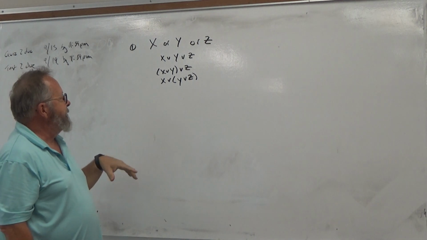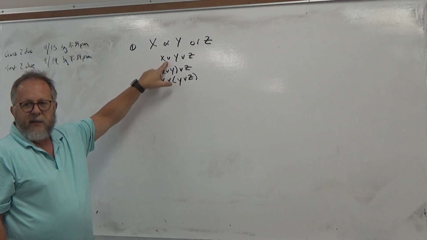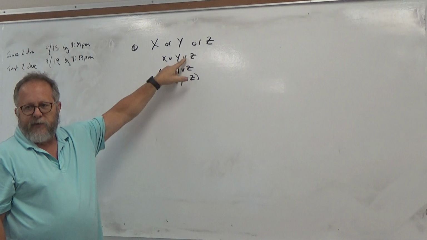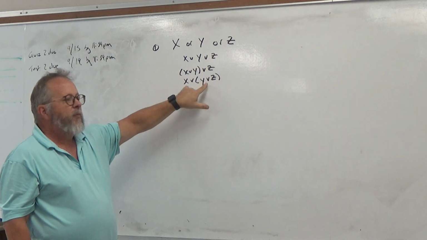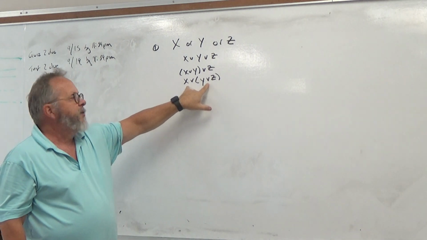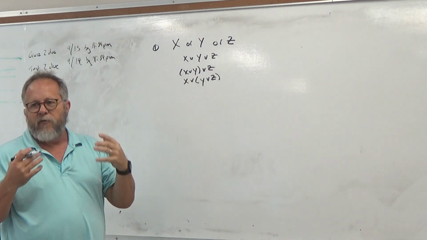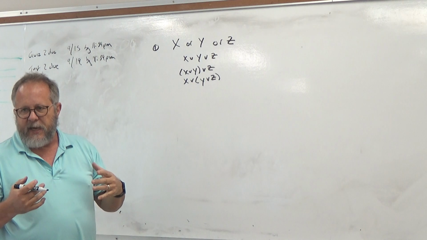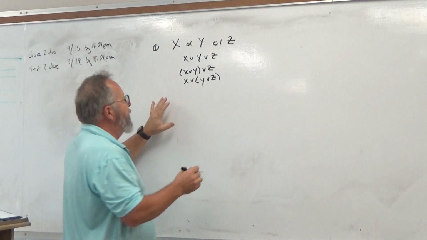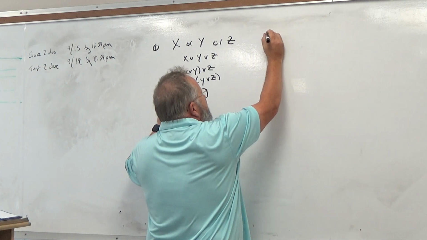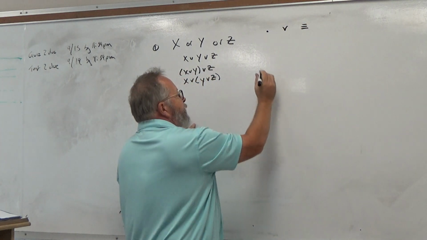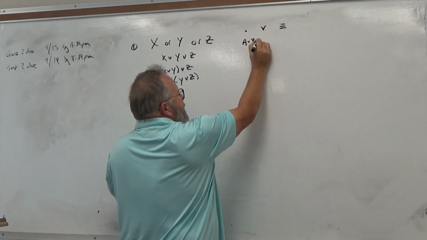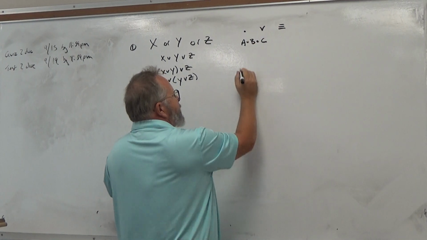And what I'm going to say is this: notice that these are all disjunctions. If you have a string of disjunctions, you can put in parentheses arbitrarily to make it a well-formed formula. Does everybody understand that? You can do that for conjunctions, disjunctions, and biconditionals. So if you have A and B and C, you can add in parentheses.